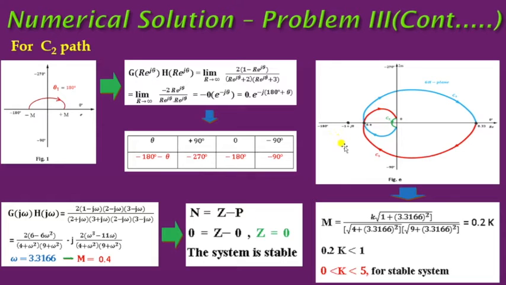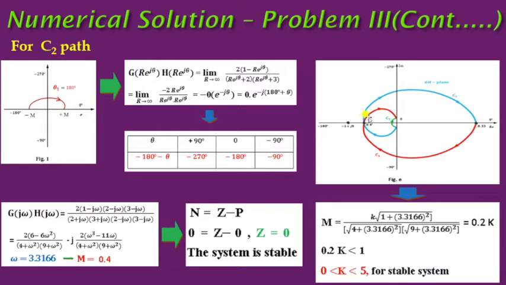Then find this magnitude, because find whether the minus 1 plus J0 point is inside of this encirclement or outside of this closed path.